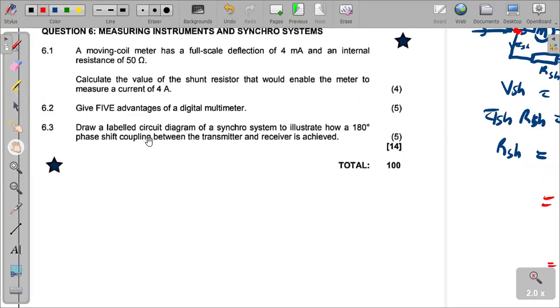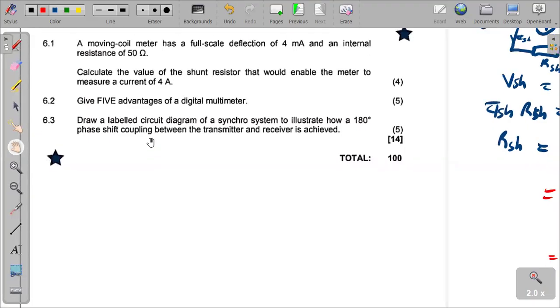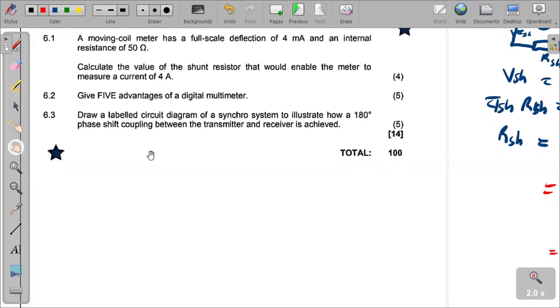The error of parallax, from looking at a needle, is eliminated. It can handle negative quantities, and reverse polarity is indicated by means of an indicator on the display. These are some of the advantages that it possesses.